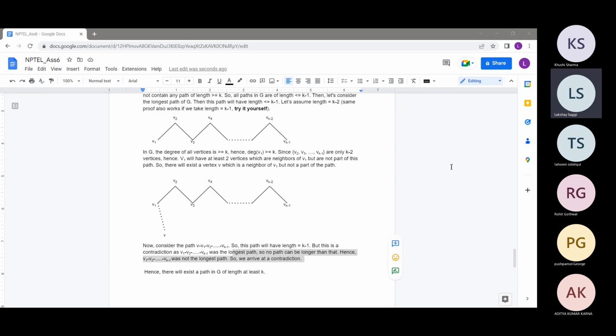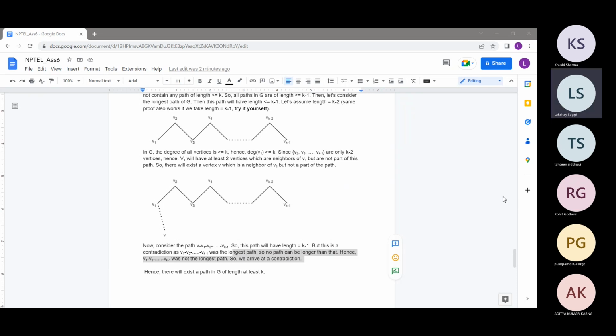Let's say there is a path which goes from V1 to V2. The number of vertices in that path is 2, but the number of edges will only be 1, the edge connecting V1 and V2. Similarly, from V1 to Vk minus 1, there will be k minus 1 vertices, but only k minus 2 edges: one edge from V1 to V2, then V2 to V3, V3 to V4, V4 to V5, and so on.